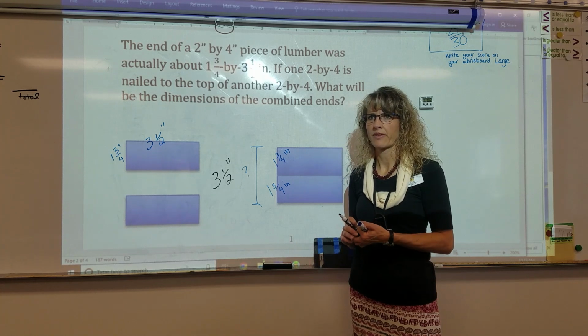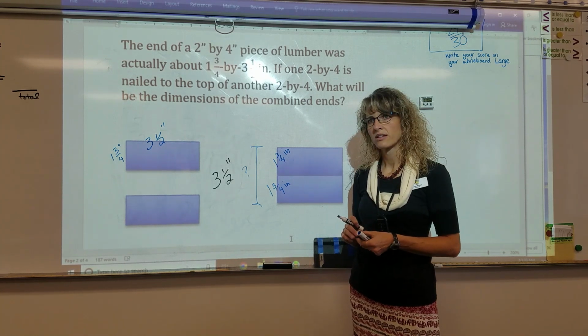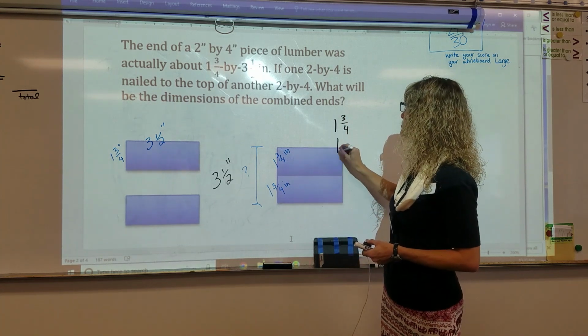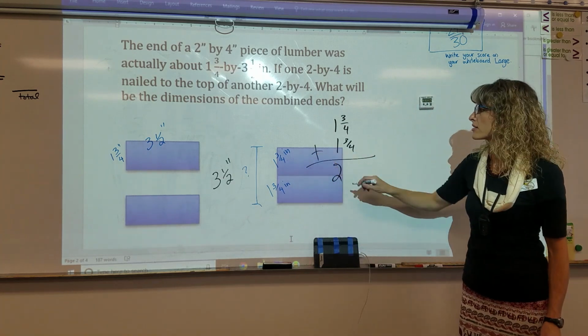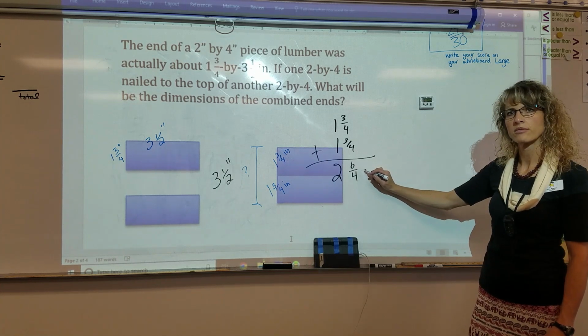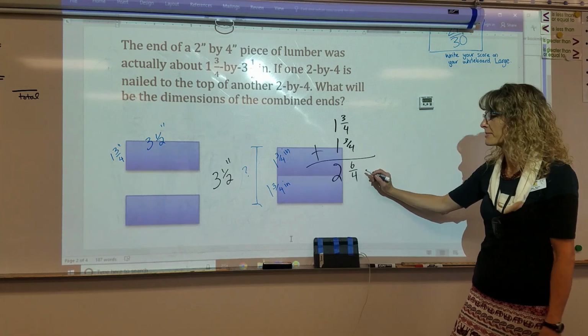So what I did was, the thing that I usually do first is I add the whole numbers first instead of fractions. So I got 2 and 6/4, but the 6/4 can't really be... it's improper.